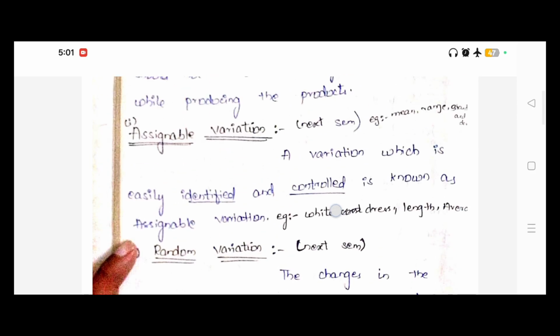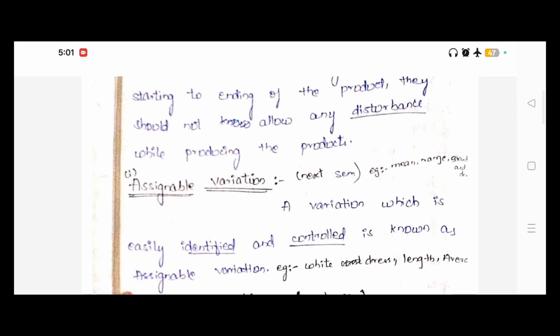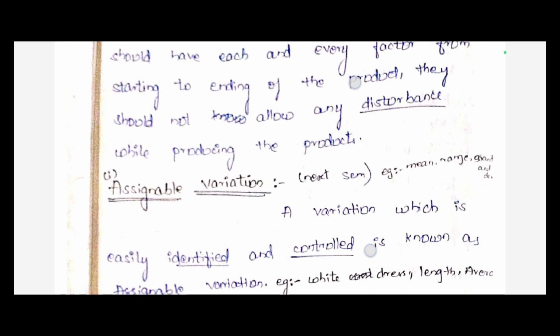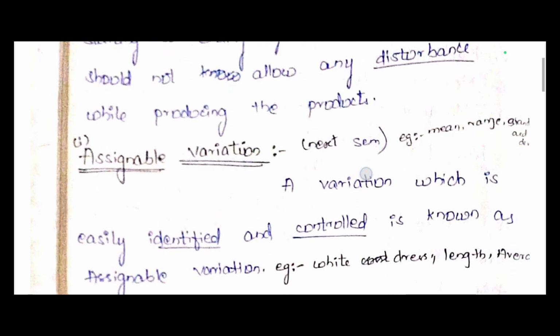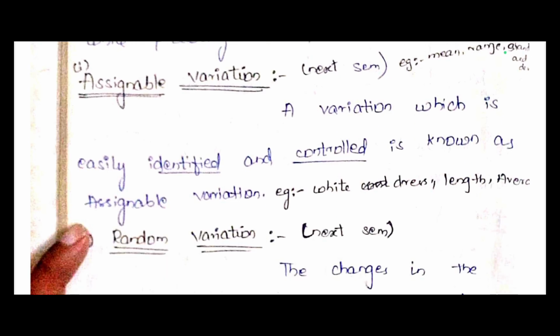We are going to learn about the variations in SQC. While considering the variation, the first variation is the assignable variation. A variation which is easily identified and controlled is known as assignable variation.